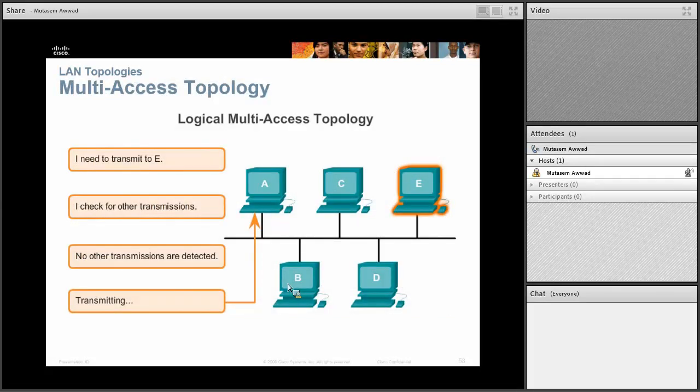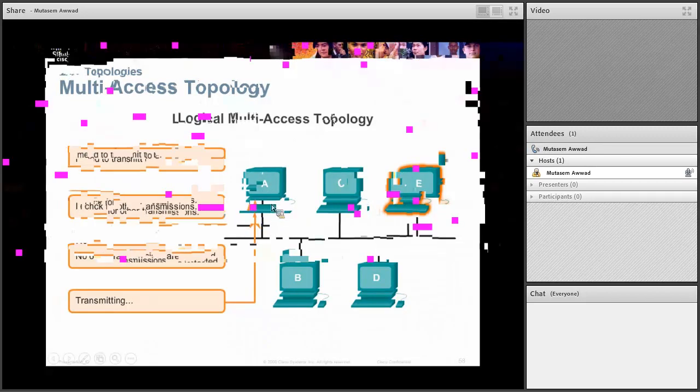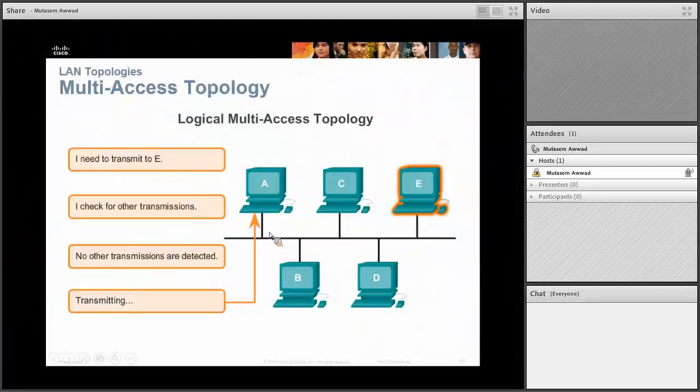For example, when a device wants to transmit, it's like going into the entrance of a highway. You go in and you sense if there is traffic, and you wait if there's traffic, of course. If there's no traffic, you jump in and you try to transmit. So let's say A wants to transmit and D wants to transmit, and they're both waiting.